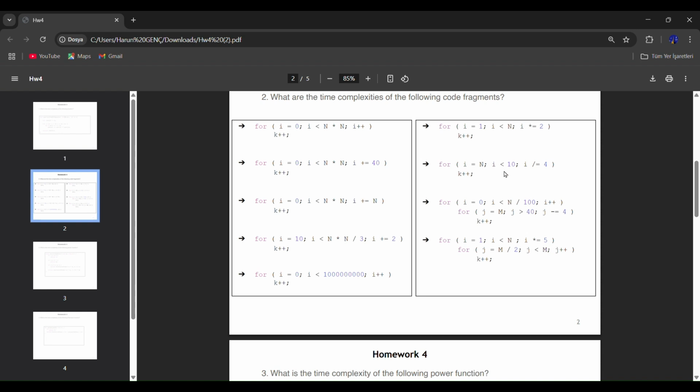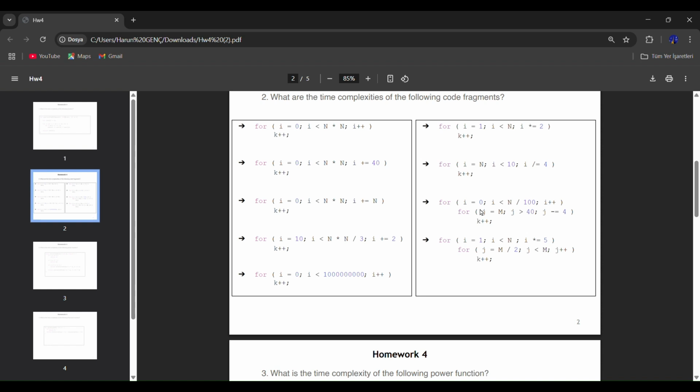The time complexity is O(1), constant time. And fifth, i starts at 0 and increments by n each iteration. The total number of iterations is n, and the time complexity is O(n). Sixth, the outer loop runs n times, ignoring constant factors.